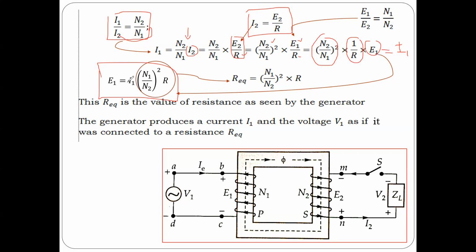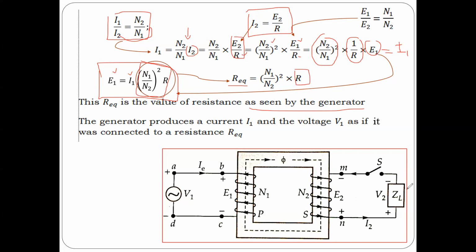What does this formula mean? This is E1, this is I1. So whatever is the rest there should be the resistance, isn't it? Yes, we call it the equivalent resistance that is seen by the generator, or the primary side, the supply side.